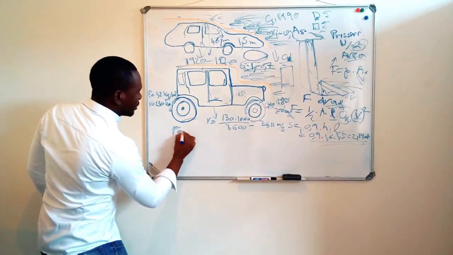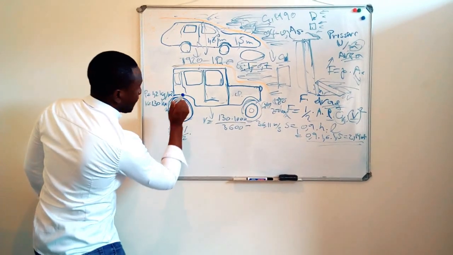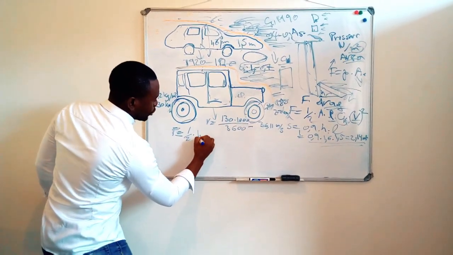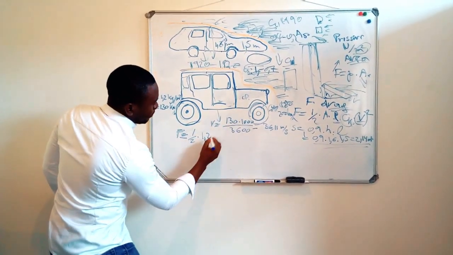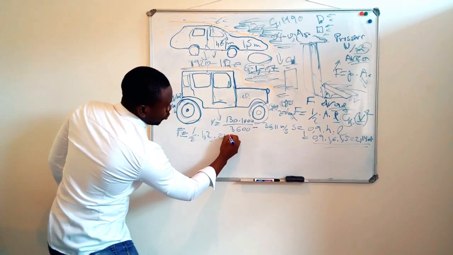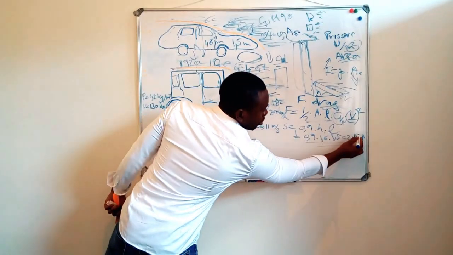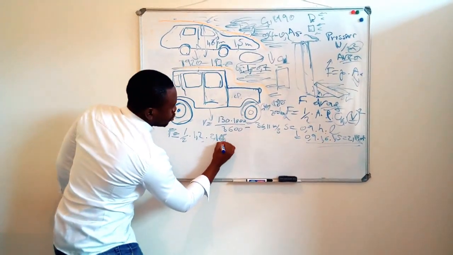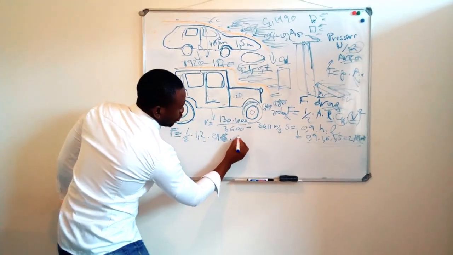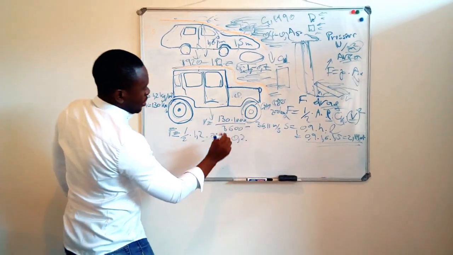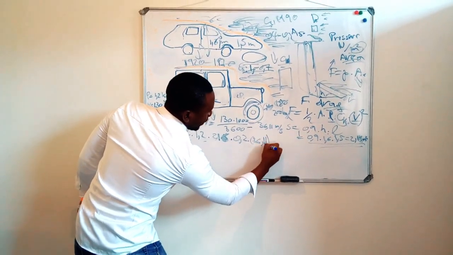Then our force will be given by 1/2 multiplied by 1.2, which is the mass volumic of air, multiplied by the area, which is 2.16, multiplied by the coefficient of drag, which is 0.2, and multiplied by the speed, 36.11 squared.